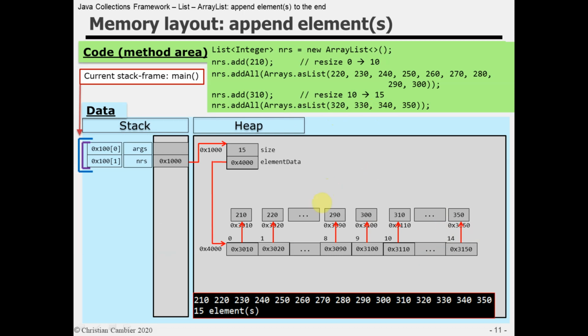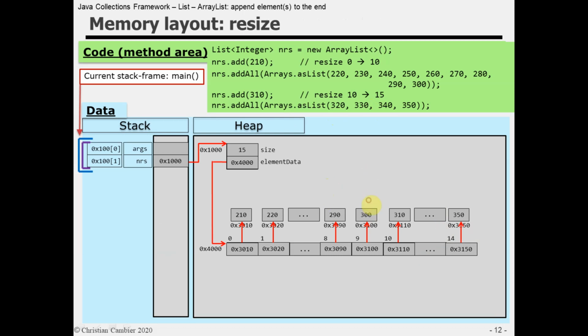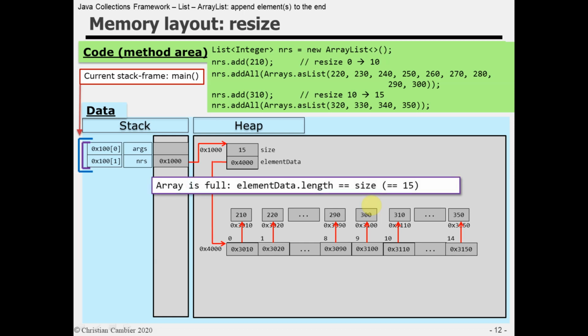The last thing I want to bring to your attention is resizing of the internal array. Our array is currently full. So the length of the internal array, elementData.length, is equal to the size property of ArrayList. Remember, size represents the amount of elements actually added to the array.